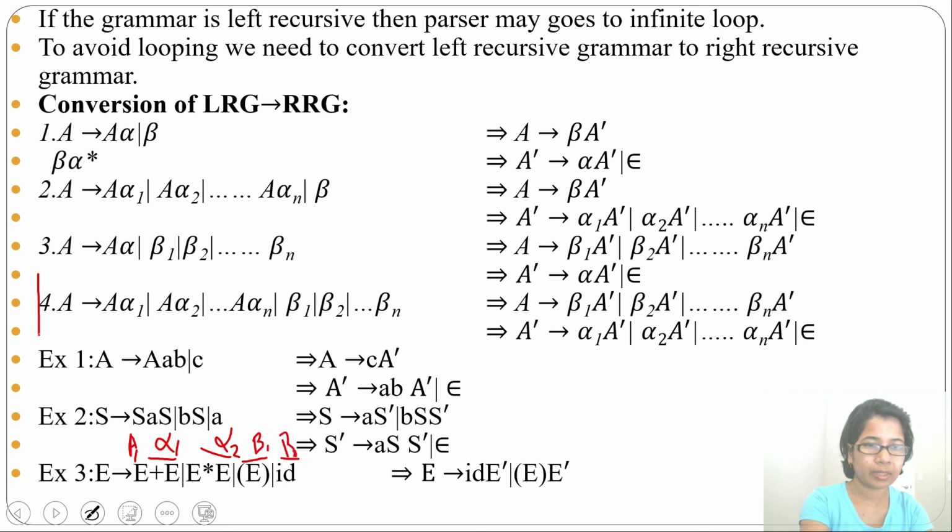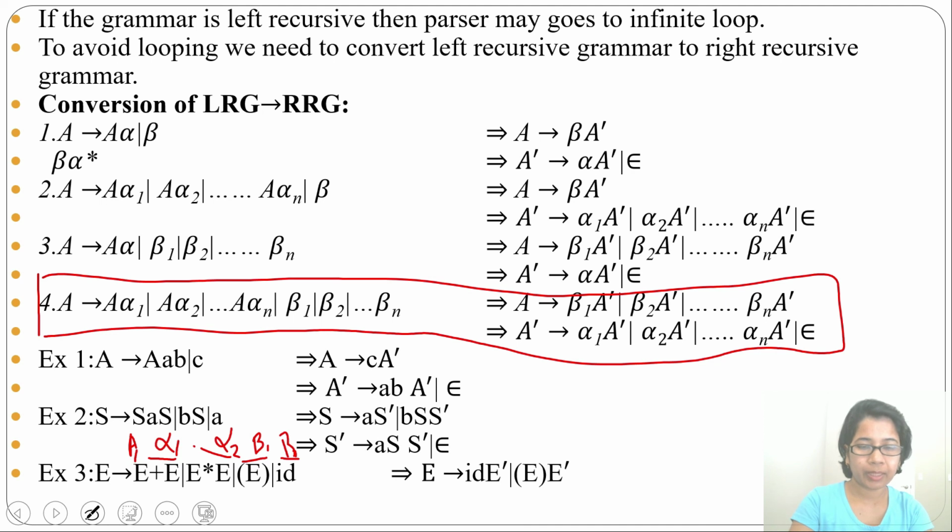Now this is in this format. So from E you will write beta 1 E dash, beta 2 E dash. This is our beta 2 E dash, then beta 1 E dash. Then from E dash you will generate alpha 1 E dash and alpha 2 E dash. So from E dash you will generate plus E E dash. What is plus E? That is alpha 1. Then multiplication E, that is our alpha 2 E dash, or epsilon.